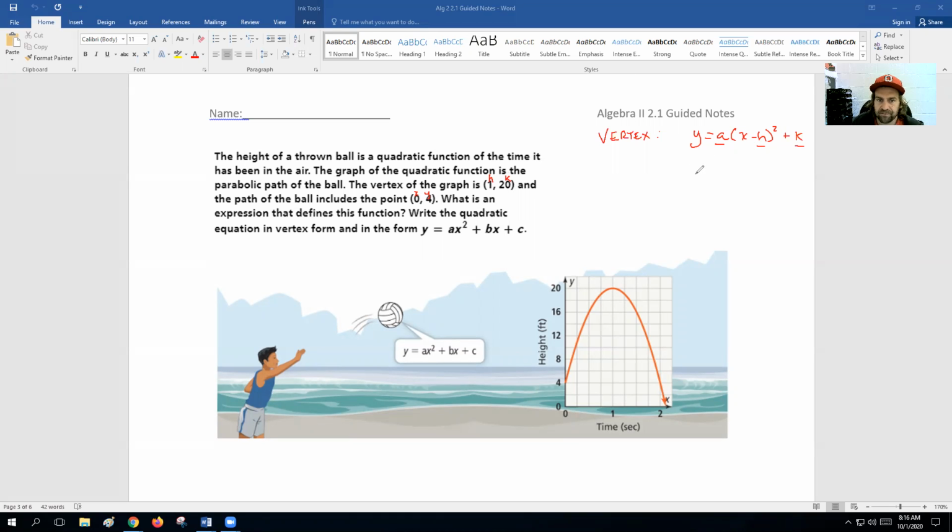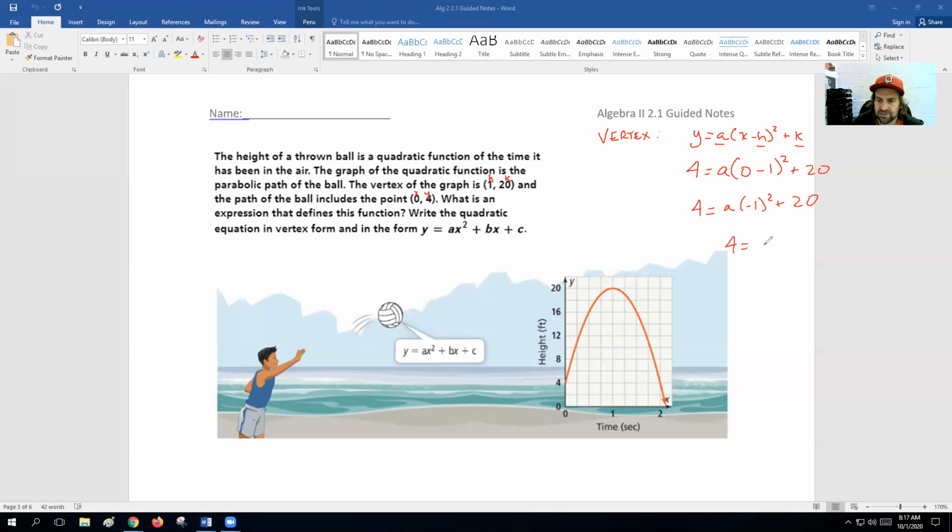So let's set this up. All right, our y is 4, a we do not know, x is 0, minus h is 1, squared, plus k is 20. So we get 4 equals negative 1 squared plus 20. Okay, negative 1 squared is a positive 1.